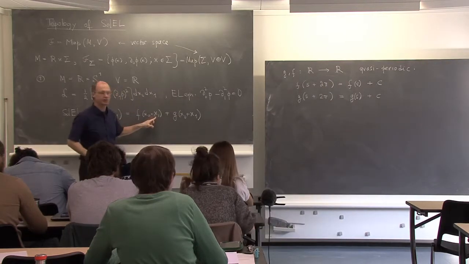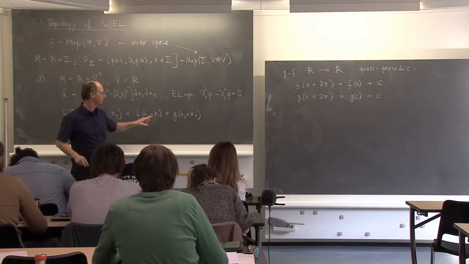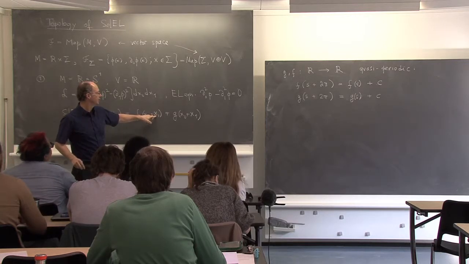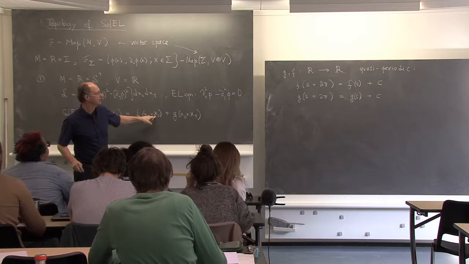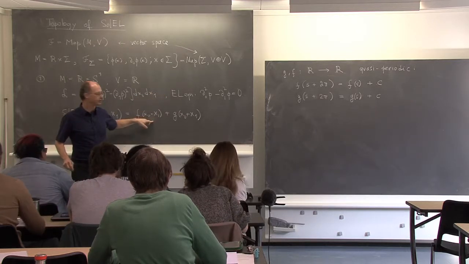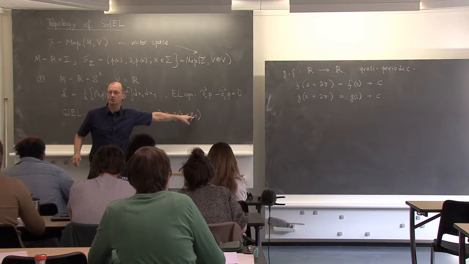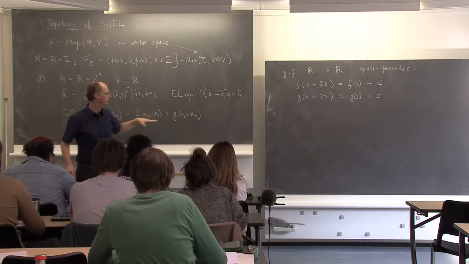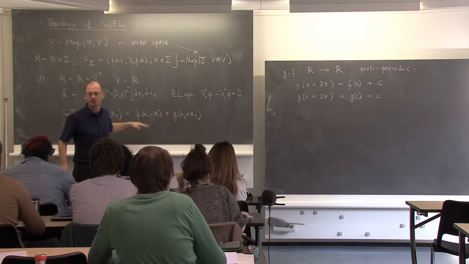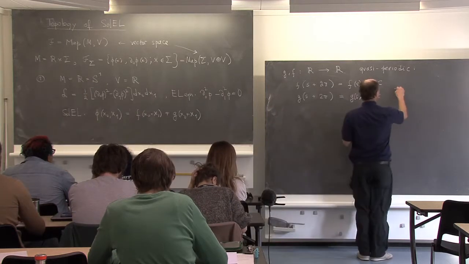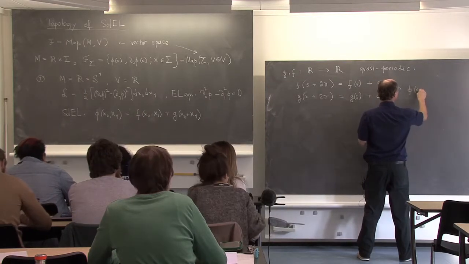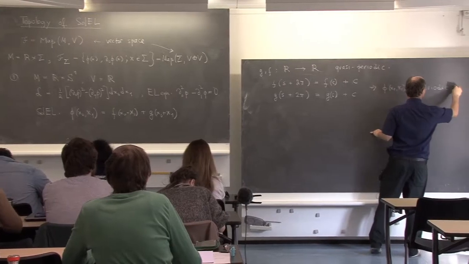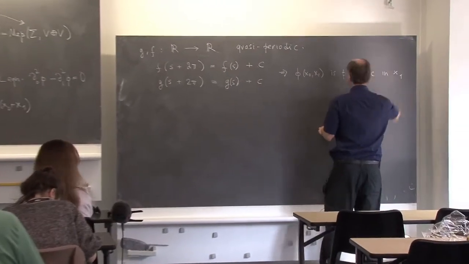Here the periodicity should be in the coordinate x1. So if we add 2 pi to x1, then f will change by minus c. At the same time, we add 2 pi to the argument of g, so g is increased by c, so all in all we get a periodic function. So phi of x0, x1 is periodic in x1.